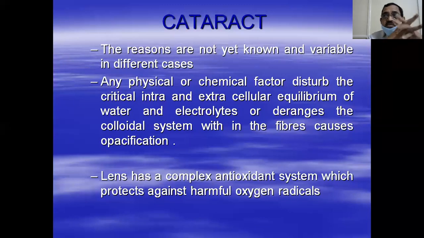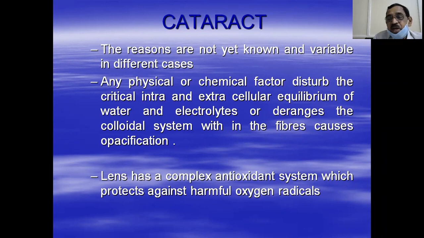The reasons for cataract formation are not clearly depicted, but variable causes are there in different cases. Any physical or chemical factor which disturbs the critical intra and extracellular equilibrium of the water and electrolytes, or deranges the colloid system of the lens fibers, causes opacification.